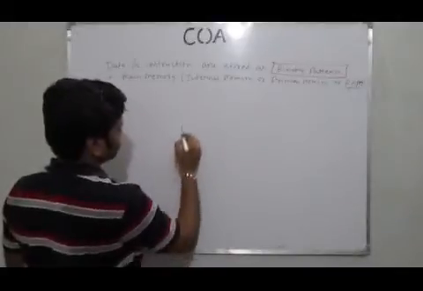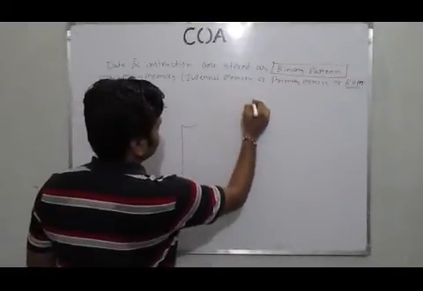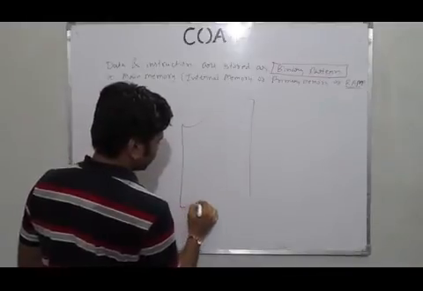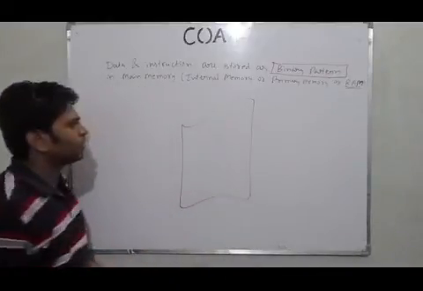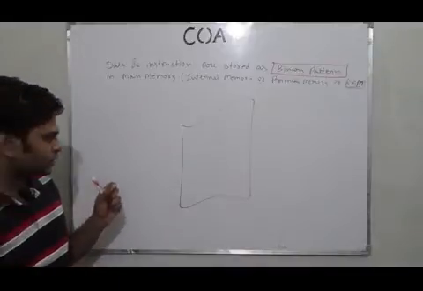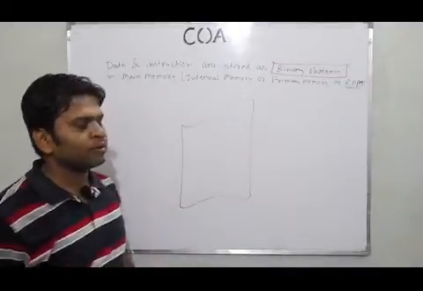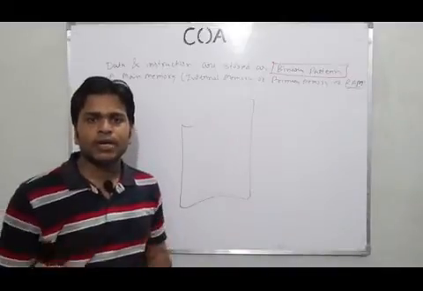In the entire lecture series of computer organization and architecture, I am going to define the main memory using this notation, this symbol. I will use this diagram to indicate the main memory in the computer throughout the lecture series.